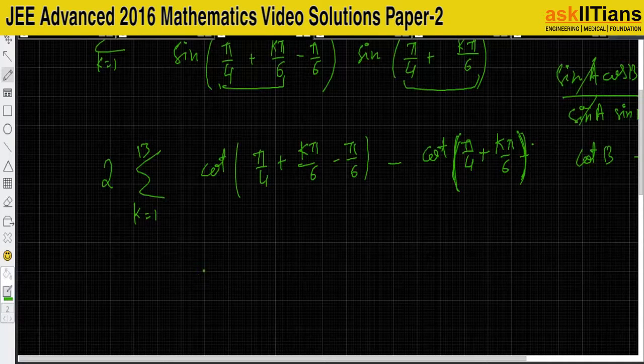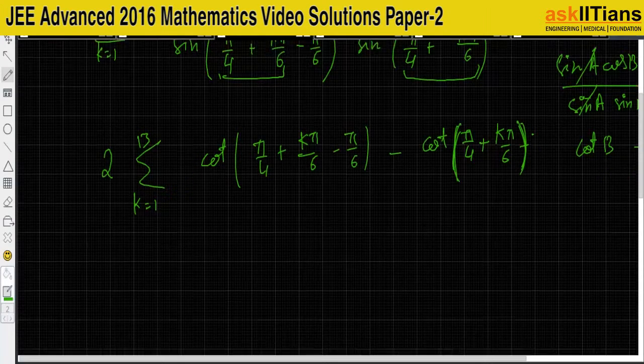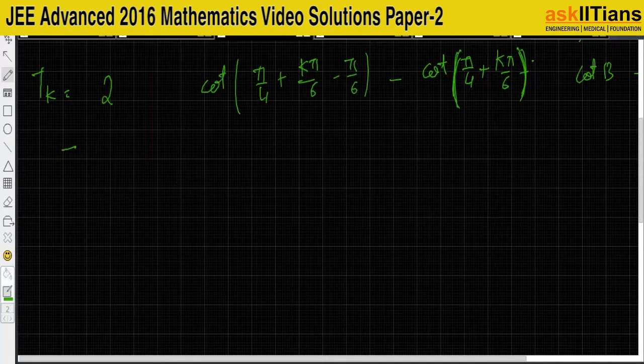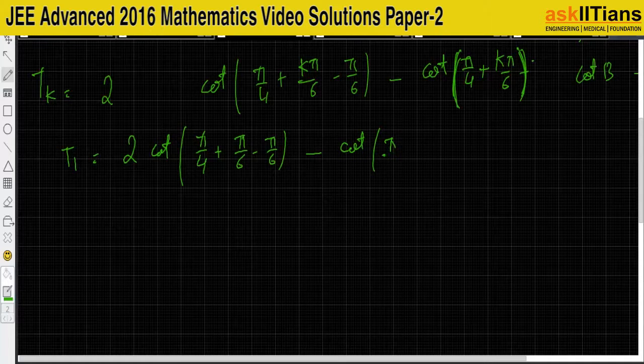Now if I put the values of k, everything will get cancelled. Let me remove the sigma and say that this is the kth term. What will be the first term? If I put k equal to 1, I'll get cot of pi by 4 plus pi by 6 minus pi by 6, and minus cot of pi by 4 plus pi by 6.